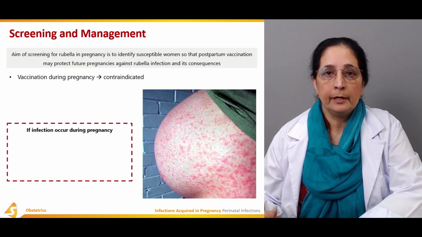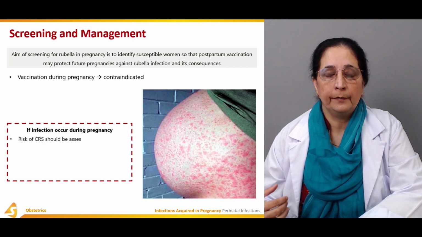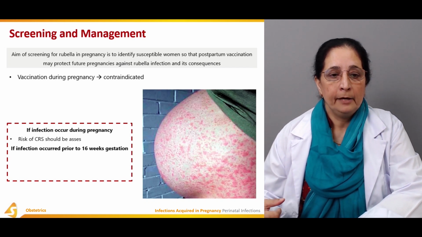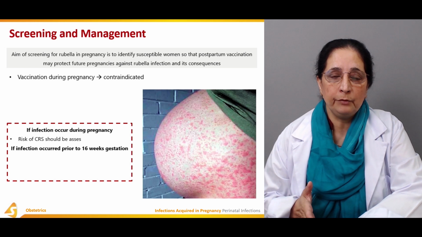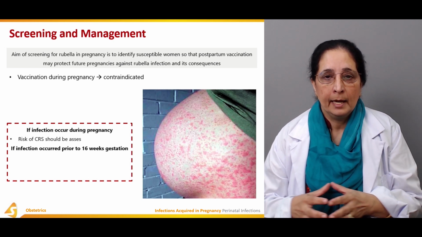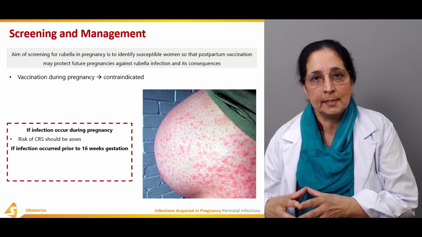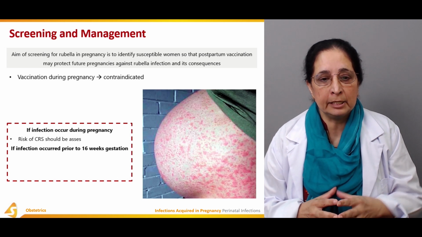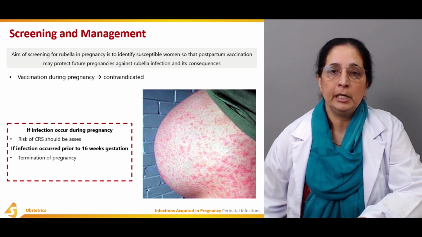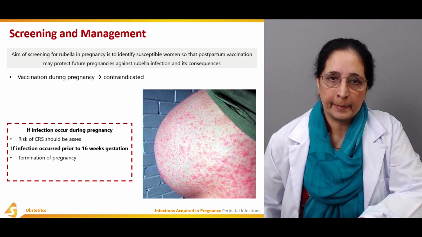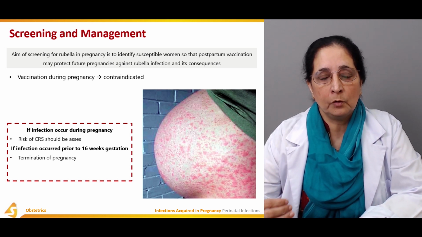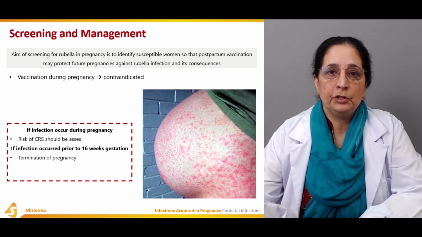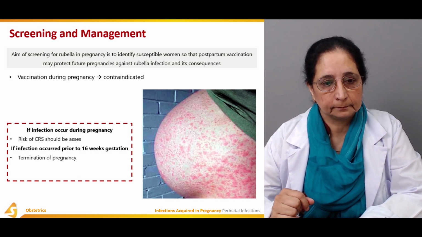If infection occurred during pregnancy, the risk of congenital rubella syndrome should be assessed. If infection occurred prior to 16 weeks of gestation, as we already mentioned, as the gestation progresses the seriousness is less and less, then termination of pregnancy is recommended because congenital rubella syndrome is common in the early stages, and to avoid that, termination of pregnancy should be done.